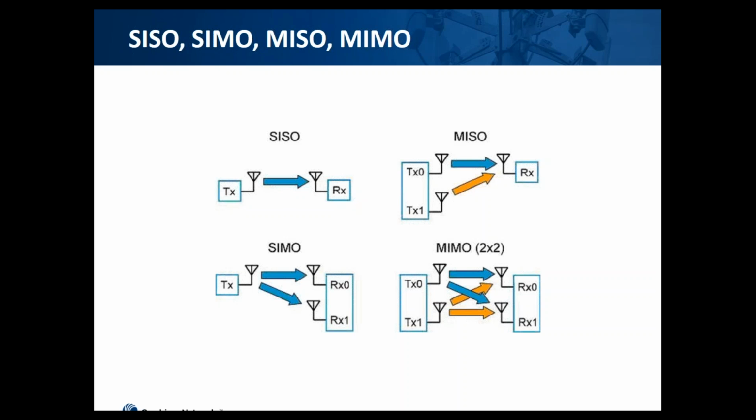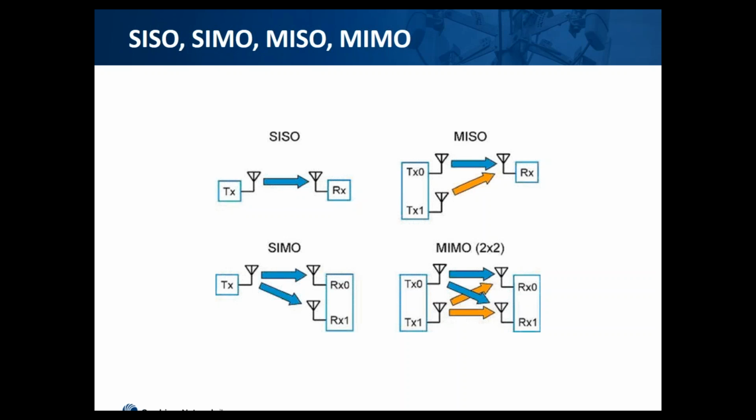These are represented by the blue arrows. Similarly, the signal transmitted by transmitter 1 travels through 2 channels and is received by 2 receivers. These are represented by the 2 orange arrows. Each receiver will therefore receive the sum of the 2 signals arriving at that receiver, one blue and one orange.